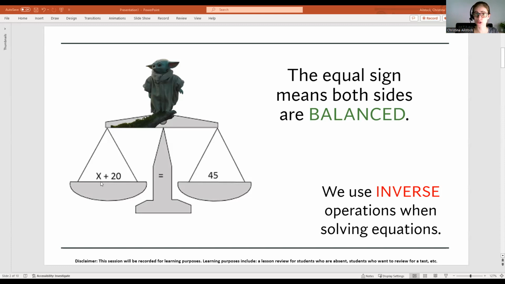Let's go ahead and go over to a website called GeoGebra real quick, so that way we can actually see a moving scale and better understand why doing the inverse is going to keep things balanced and help us solve our equation.